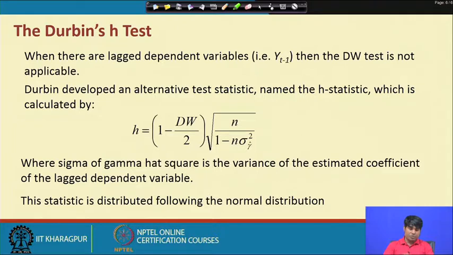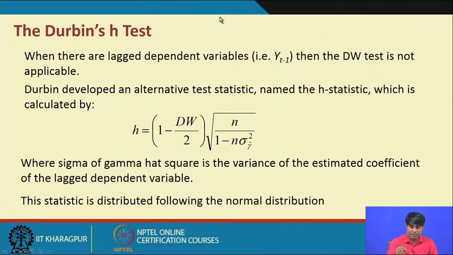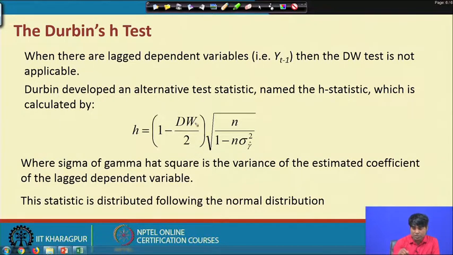Instead of d, we call it h, and it is simply: first get the dw value, so 1 minus dw by 2, then square root of n divided by 1 minus n times sigma square estimated. So it will give you figures like the Durbin Watson d statistic. So we will use the Durbin Watson h statistic to represent the accuracy of the models, and then use the model for decision making.